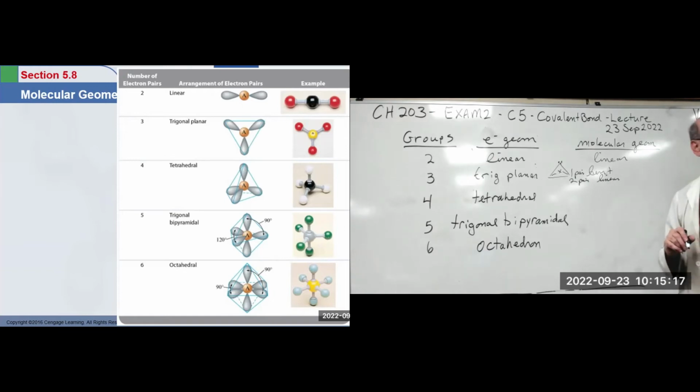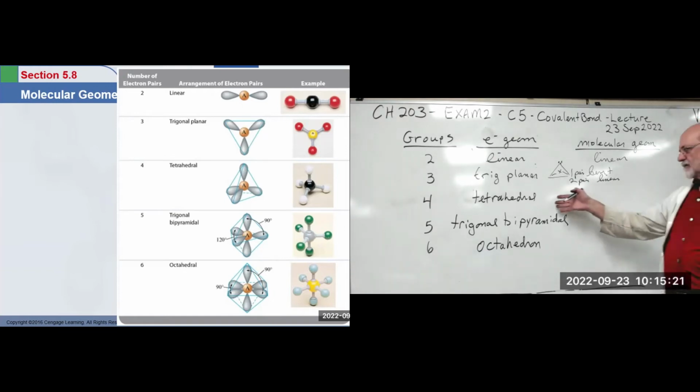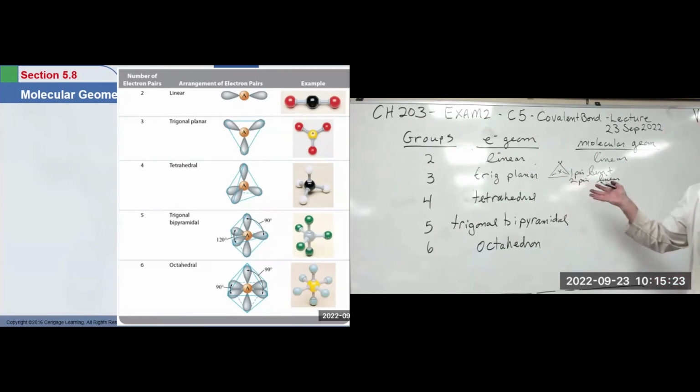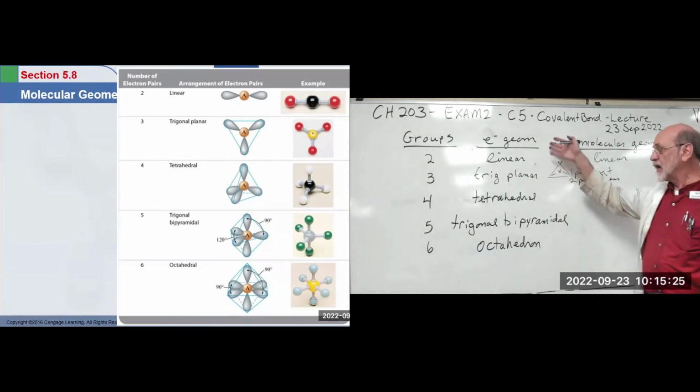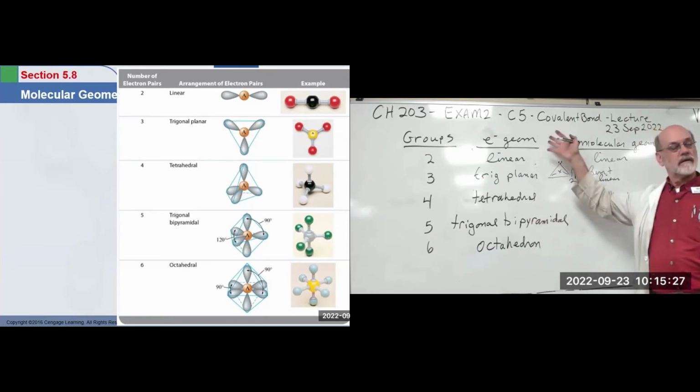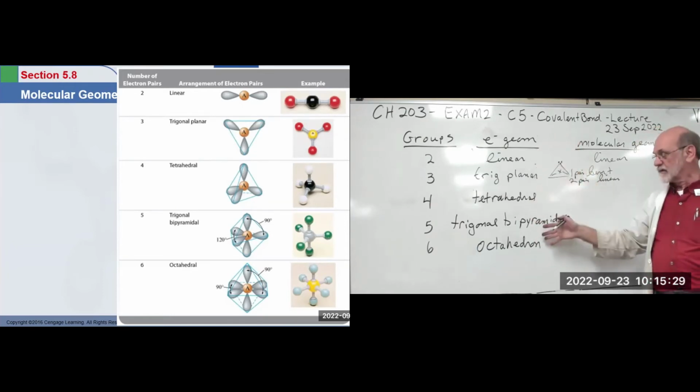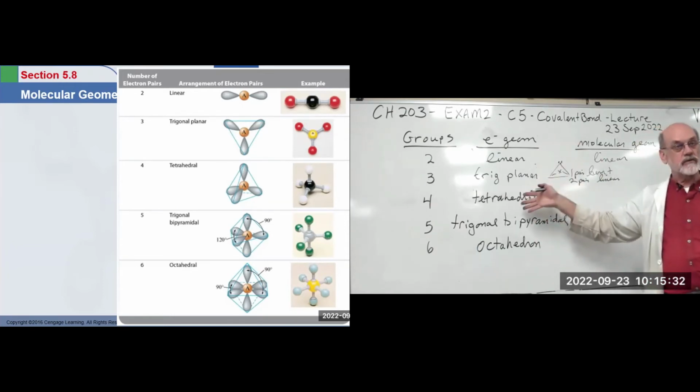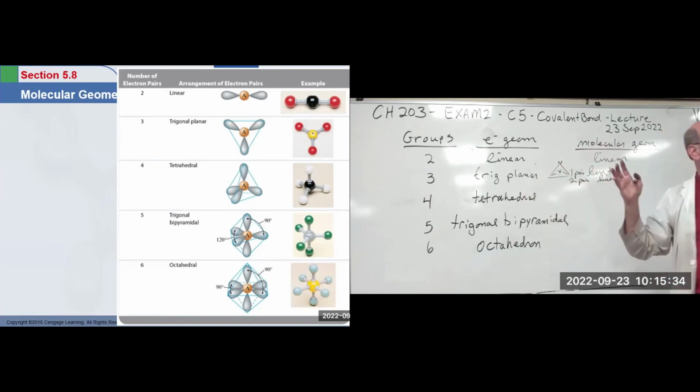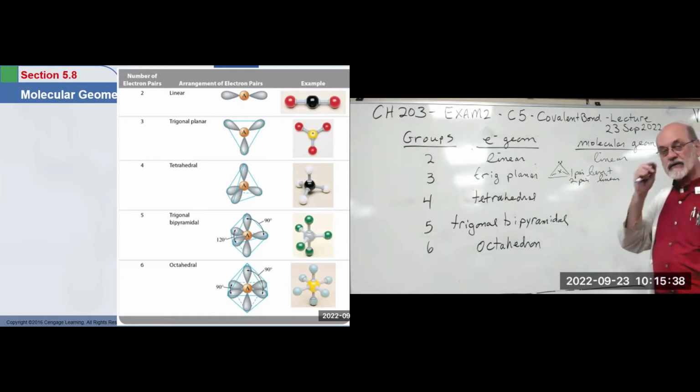How about tetrahedral? Well, of course, now this is if you have lone pairs, right? Of course, if these are all bonded pairs, then that's the structure of the molecular geometry. So we don't have to write that one again. But if you have one lone pair for tetrahedron, what do you have?